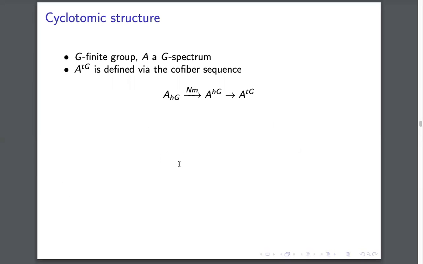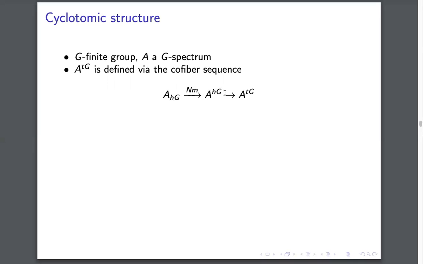Okay, so I'm going to define topological cyclic homology, but to do that, first I need to give you a little bit more notation. This is the definition of the Tate construction of a G-spectrum with respect to the group G. If you take homotopy orbits, and this denotes the homotopy fixed points of the G-spectrum A, there is what's called a normalization map from orbits to fixed points.